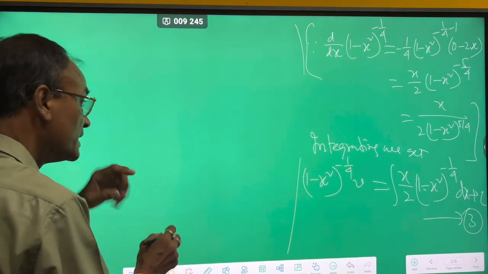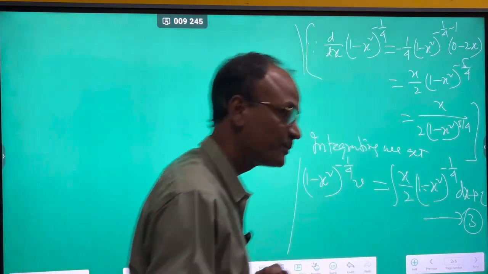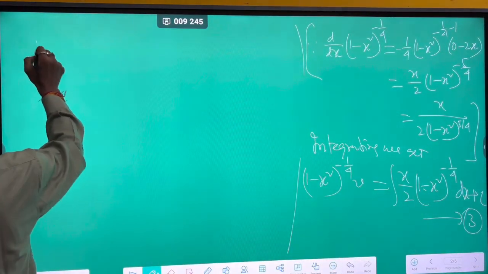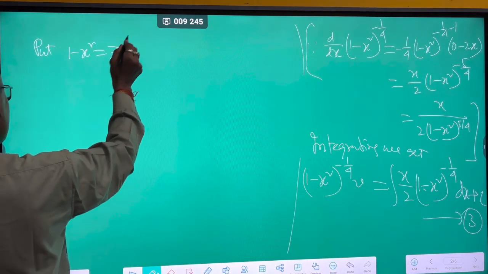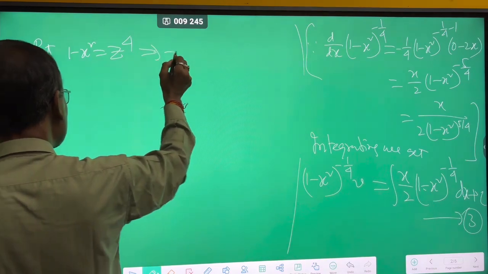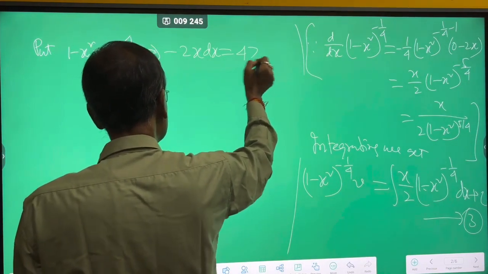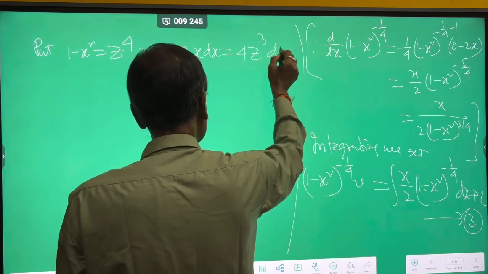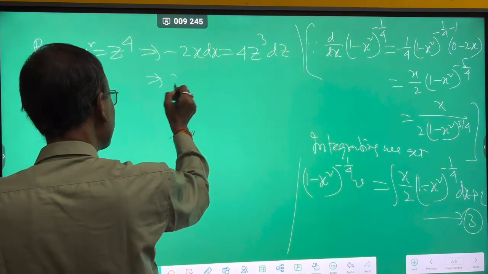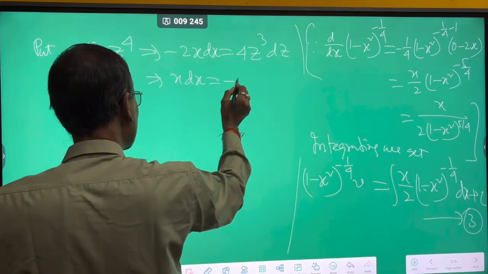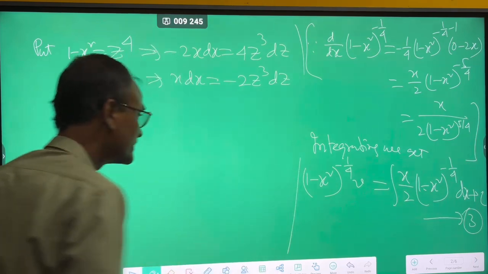This means now we are going to integrate this one. Put 1 minus x square equal to z to the power 4. This means minus twice x dx equal to 4z to the power 3 dz. This means x dx equal to minus twice z cube dz.